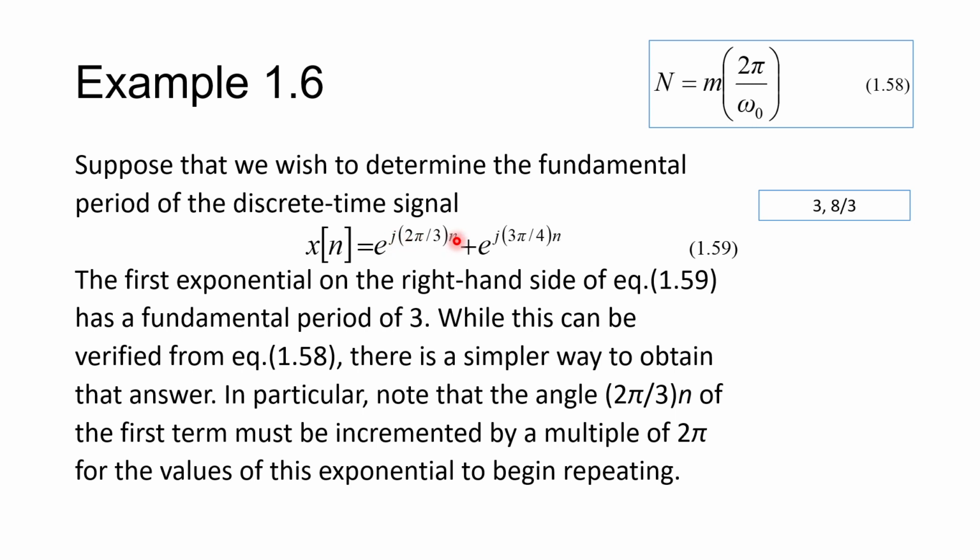And the dumb way is just checking at which n this thing can be a multiple of 2 pi. So from here you see, can you have 2 pi divided by 3 times n equal to 2 pi? And the answer is yes if you pick n equal to 3.